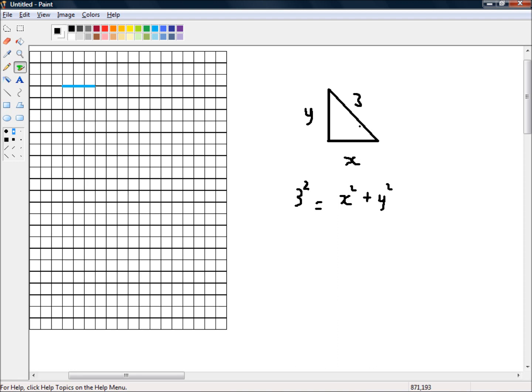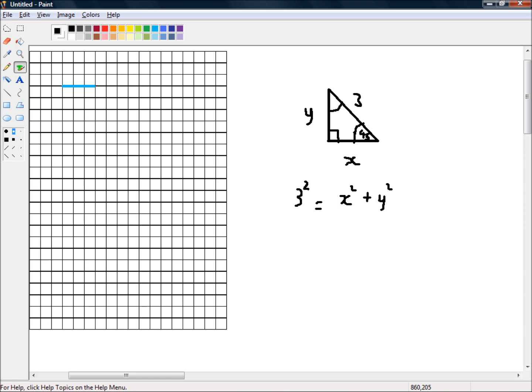Now let's pretend that we want this angle to be, say, 45 degrees. If it's 45 degrees, then the beauty of it is, this would be a right angle, so this angle must also be 45 degrees.